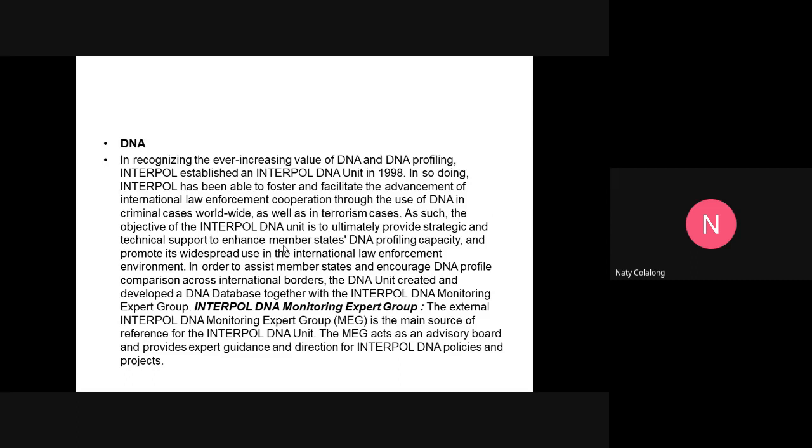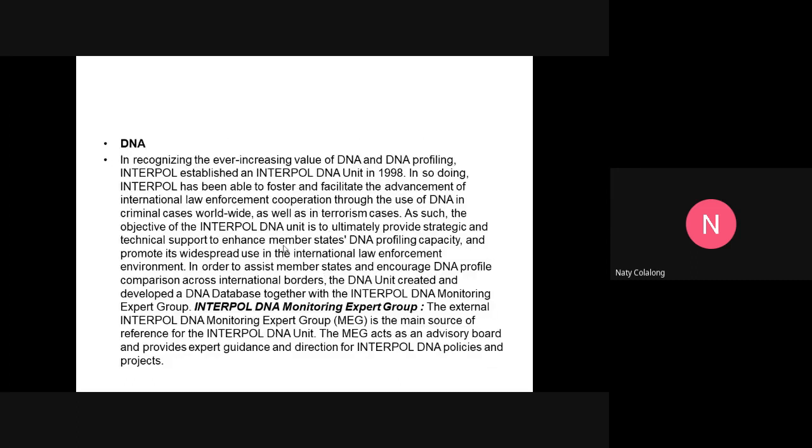The MEG, or the monitoring expert group, acts as an advisory board and provides expert guidance and direction for Interpol DNA policies and projects.